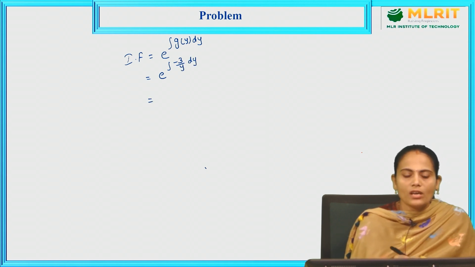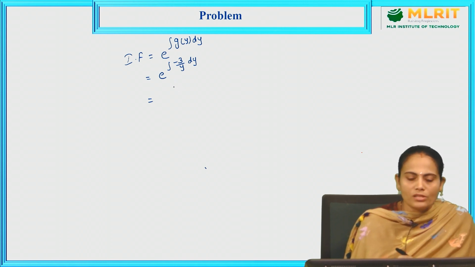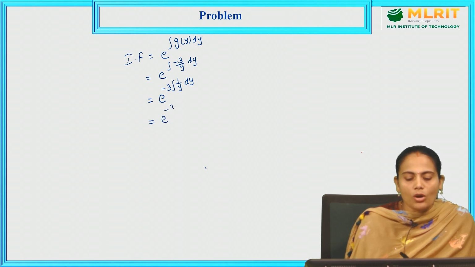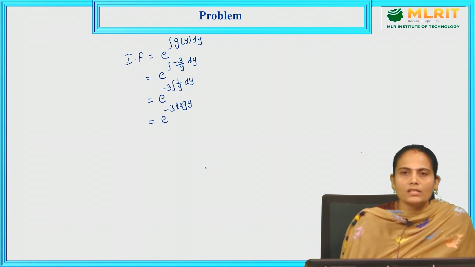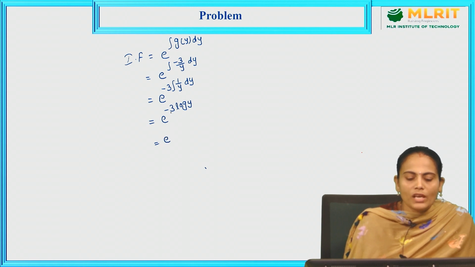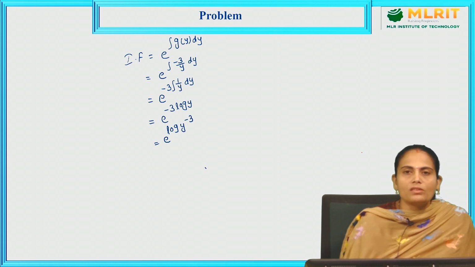Now we integrate minus 3 by y in the power of the exponential: e power minus 3 integral 1 by y dy. The integration of 1 by y is log y, so e power minus 3 log y. Now take this minus 3 as the power of y, so e power log y power minus 3.